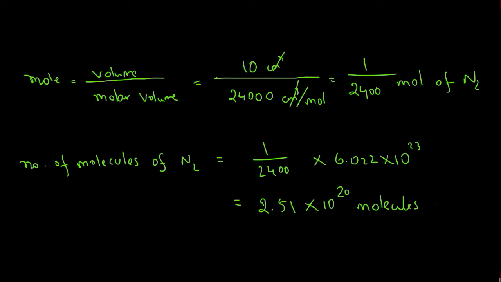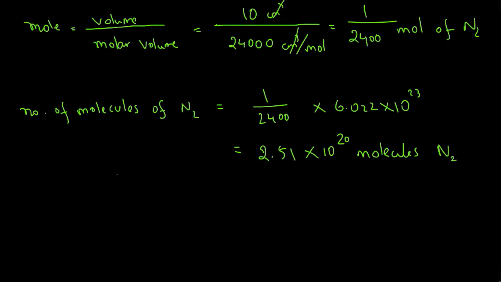So we have this many N2 molecules. If it's hard to imagine, this is how a nitrogen molecule looks like. You have a triple bond, and you have this many of these nitrogen molecules.